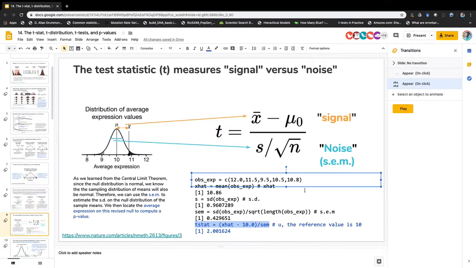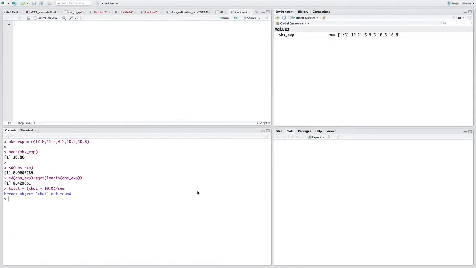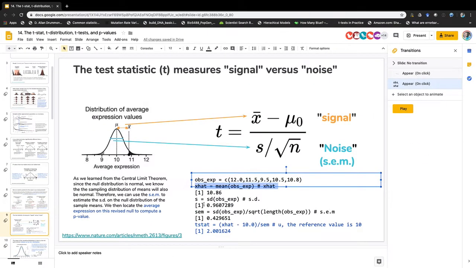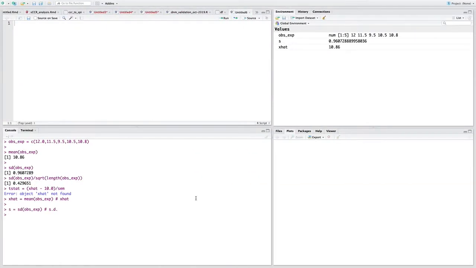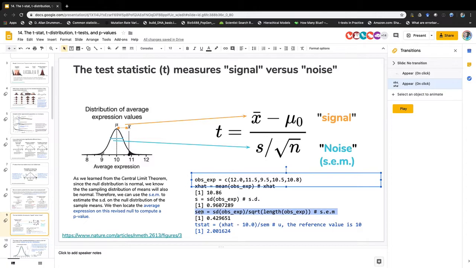Oops, I didn't compute it. Hold on a second. And we got our standard deviation. Got our standard error of the mean.